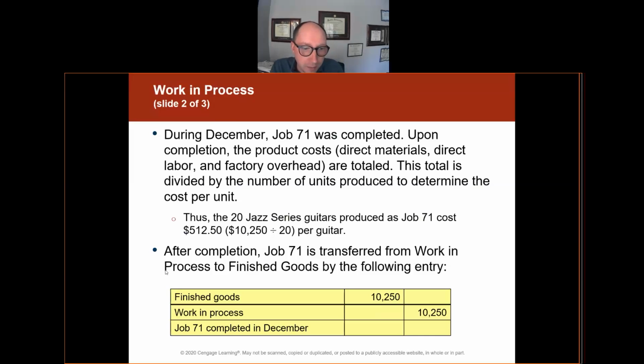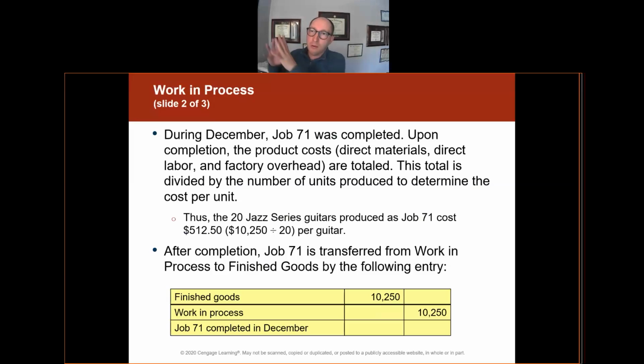So in our example, during the year, we completed one of our jobs. So we need to transfer our work in process out to finished goods. When we finish a job, we need to increase finished goods and decrease work in process. Because remember, think about the flow. We start with raw materials. Then we have work in process. Then we have finished goods.